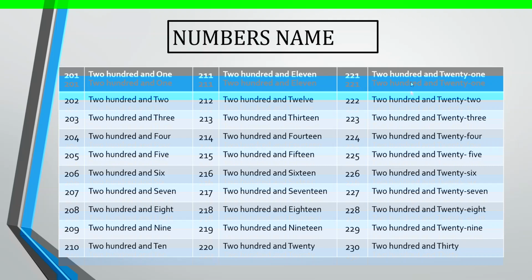Let's start. You can count the numbers from 221 to 230. Yes, you can count it. 221, 222, 223, 224, 225, 226, 227, 228, 229, 230.